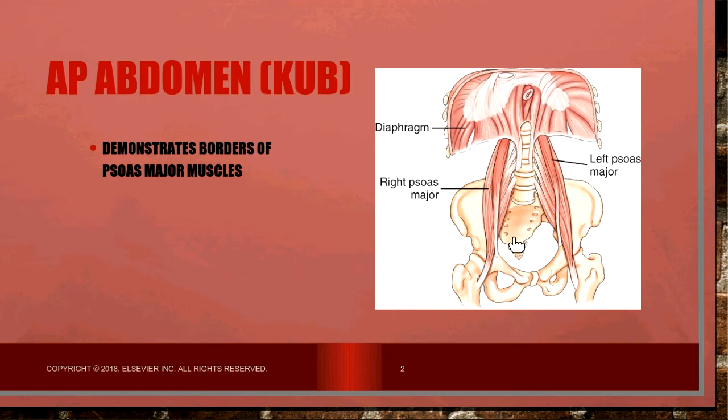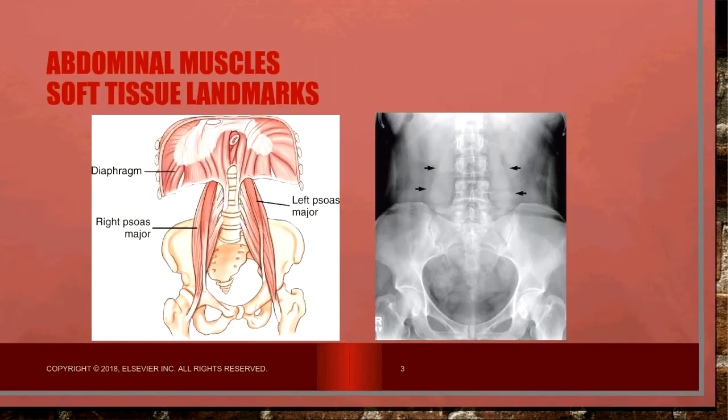Typically, the lateral borders of those muscles are visible on a diagnostic abdomen on an average or normal-sized patient if the exposure factors are correct. So right and left psoas major and the diaphragm are the three muscles contained in the abdomen.